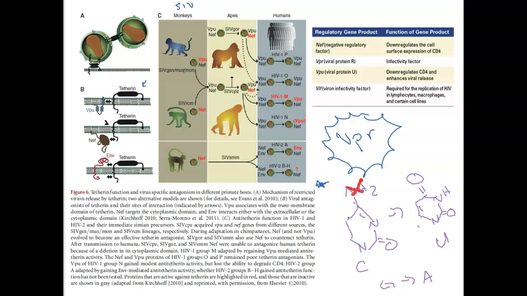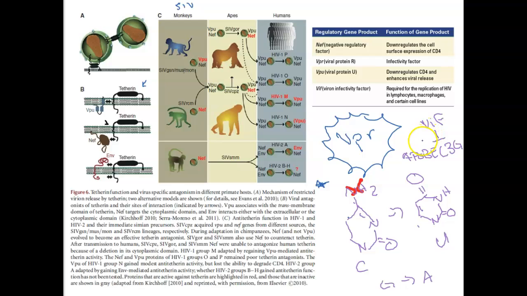And you get an overload of mutations, and then the virus can't function anymore. So that protein, again, was ApoBec 3G, and VIF antagonizes this.